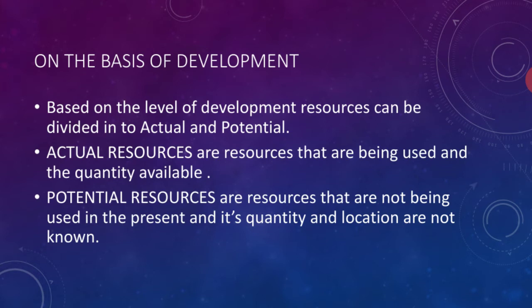So potential resources are available in large amounts, but we don't know how much quantity there is and where it is located. We can find that, but the usage is very less. That is your potential resources. So these are all based on development.